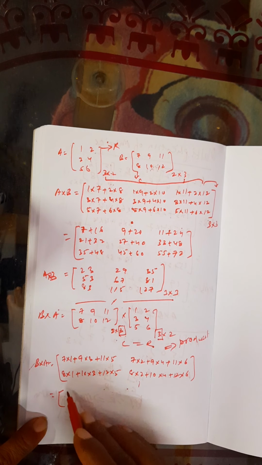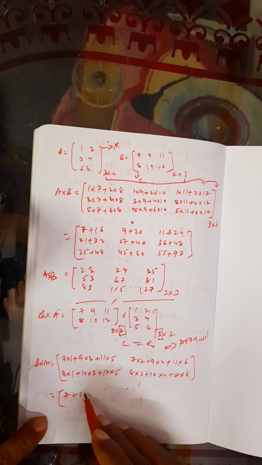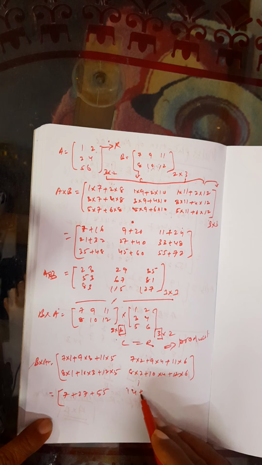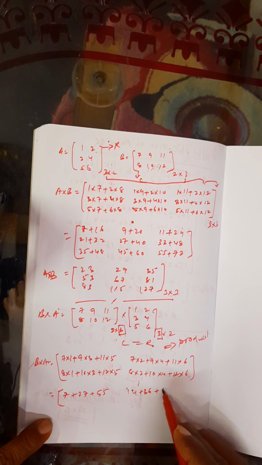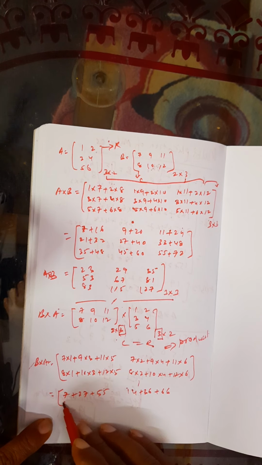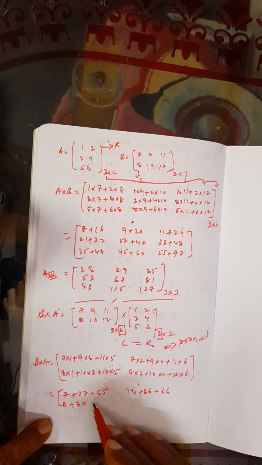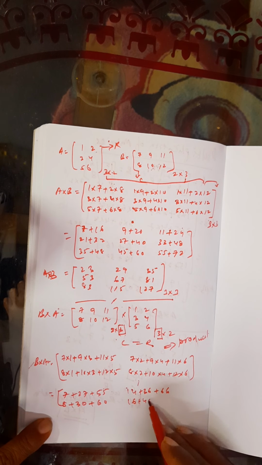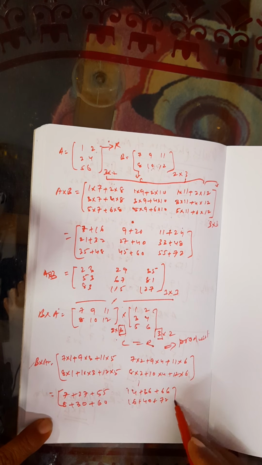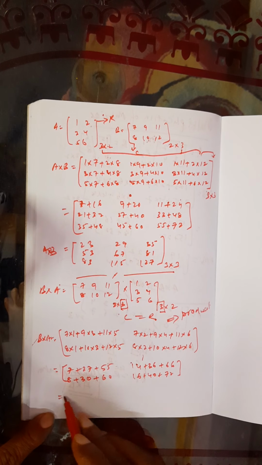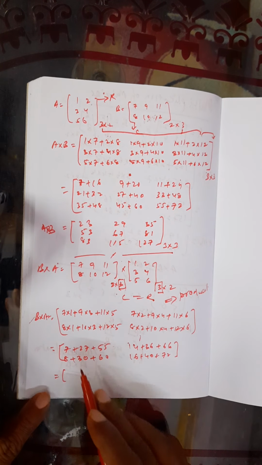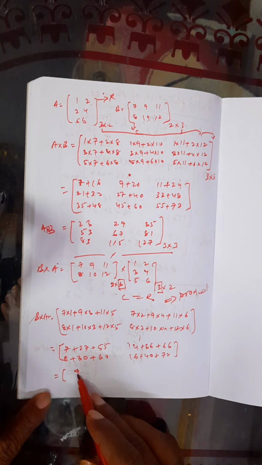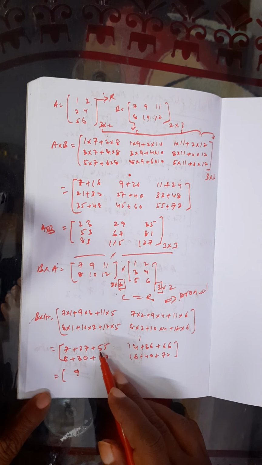So what are these values? 7 plus 27 plus 55. Here we get 14 plus 36 plus 66. Here we will get 8 plus 30 plus 60. Here 16 plus 40 plus 72. Now add these and you will get the values. 5, 7, 7, 14, 19, 9 carry 1, 6 and 8.